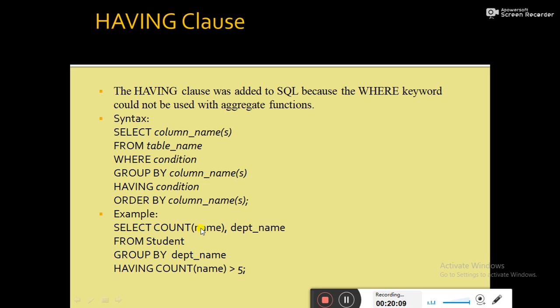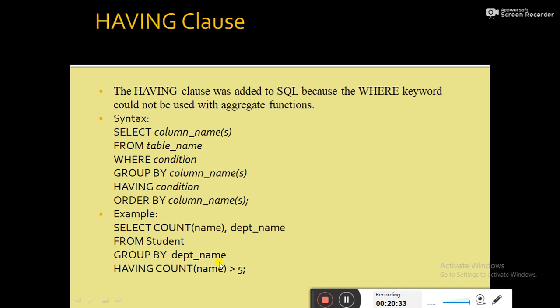So first we have to form a group. Now we have to form a group based on what? Based on department name. So we write the group by clause, then we specify the attribute name against which we want to form a group. So group by department name means the relation student has formed a group based on department name.